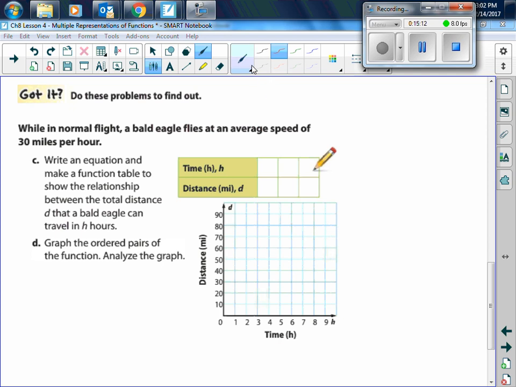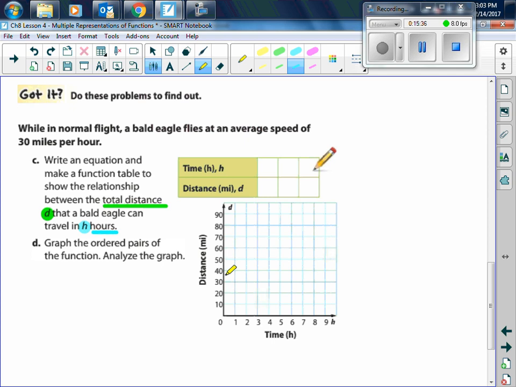So, first, let's see what our variables are. We will define our variables. So, the total distance that a bald eagle can travel, that's the d, that's our total distance, in h hours.